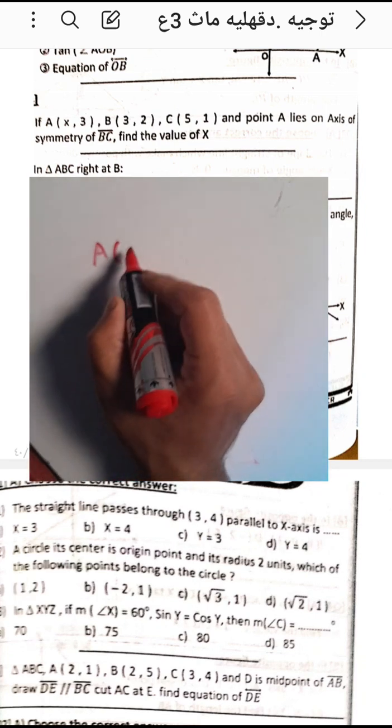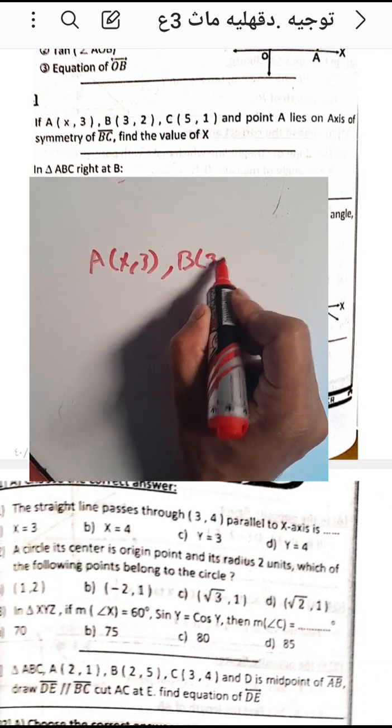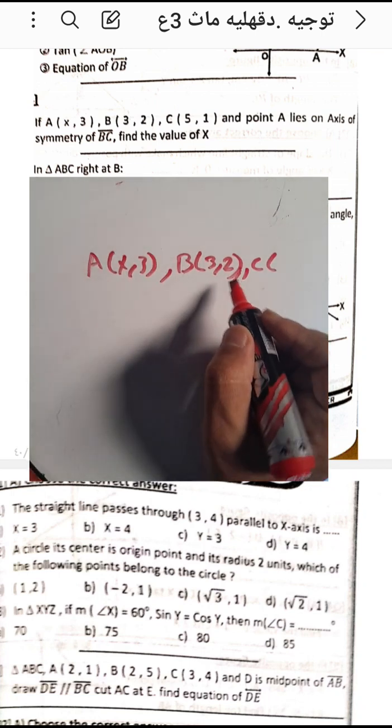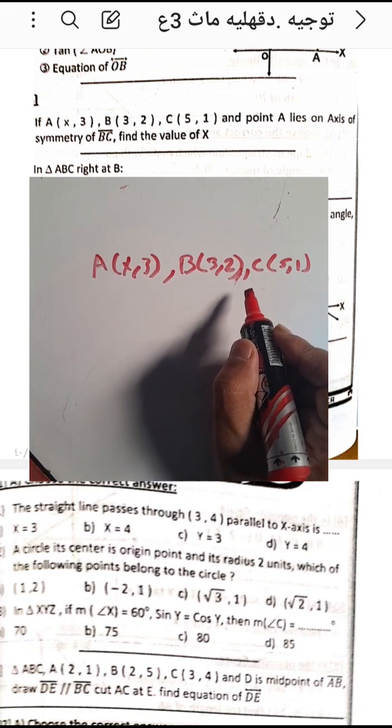Next question: the point A is (x, 3), B is (3, 2) and C is (5, 1), and the point A lies on the axis of symmetry of BC.